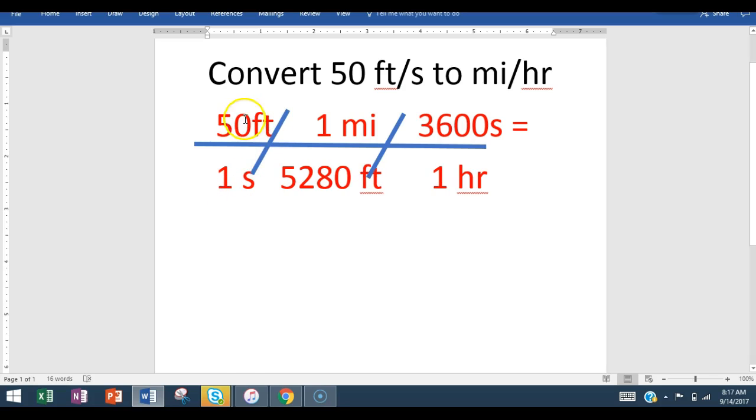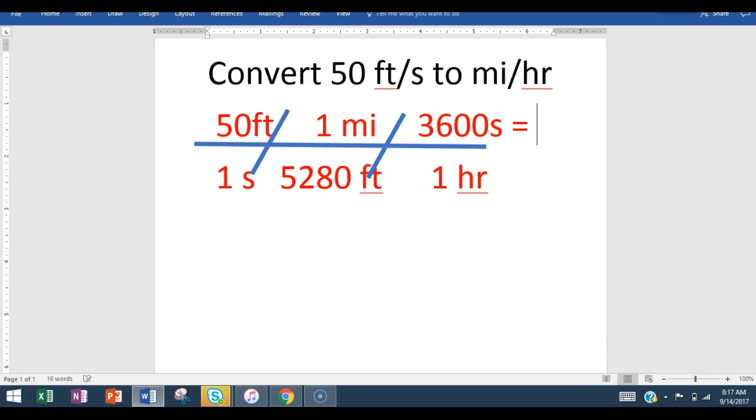Okay, so it's going to be 50 over 1. So we're going to multiply it and divide it out the way we need to. This is a 1, so I'm going to ignore it. So it's going to be 50 times 1 divided by 5,280 times 3,600, and divided by 1. And that'll give us our answer.